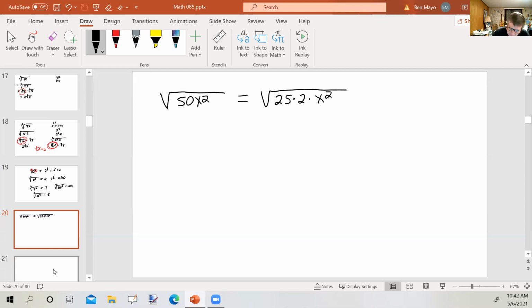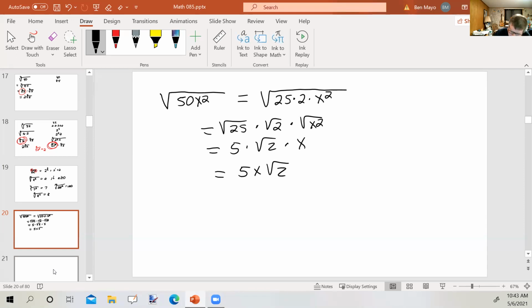So I could rewrite this as the square root of 25 times the square root of 2 times the square root of x squared. But the square root of 25 is 5. The square root of x squared is x. So putting all of the non-radical stuff in front, I get 5x square roots of 2 as my final answer.